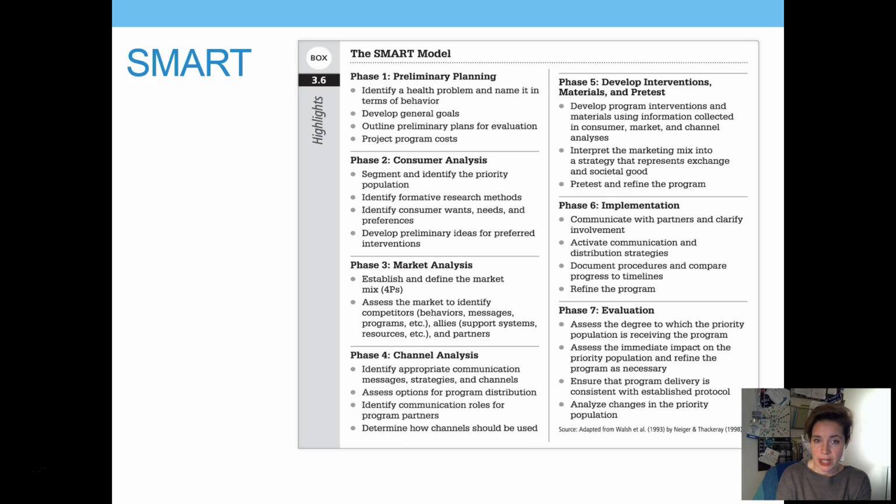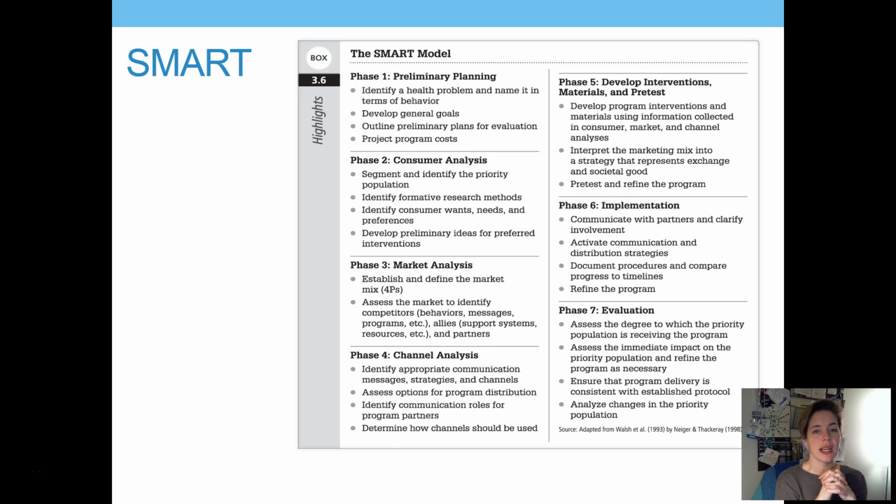Phase 2 is consumer analysis. So this is where you're segmenting and identifying the priority population. So you might be looking at, this comes back to communication classes, segmenting the population. We cannot look at a community, generally speaking, and say, as a whole, this community is experiencing X, Y, or Z. Usually within this big community, there are subsets who are experiencing things a little differently, right?